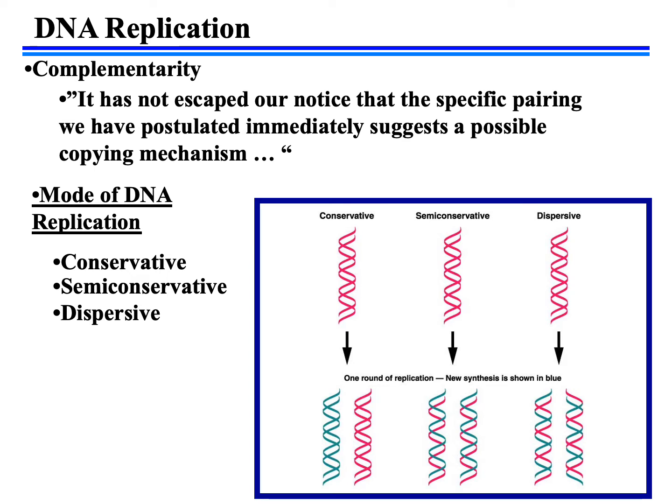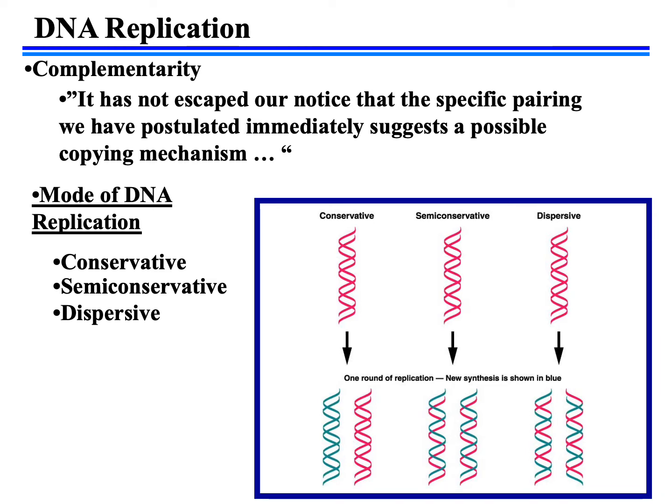This is what they proposed happens during DNA replication: that somehow the strands separate and each strand acts as a template for the missing information. Now, they didn't have any research to back up this speculation. They just proposed that this was most likely how DNA replication was occurring.